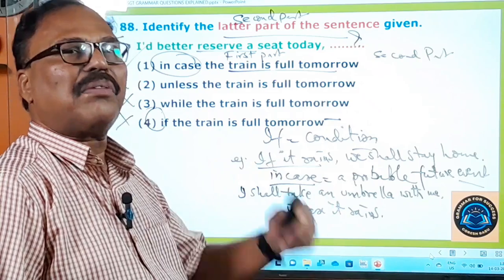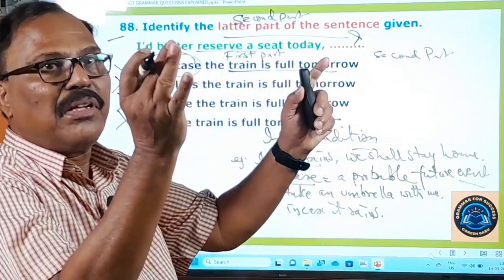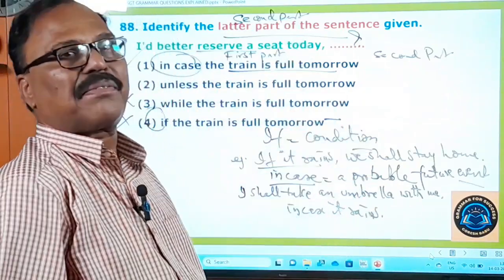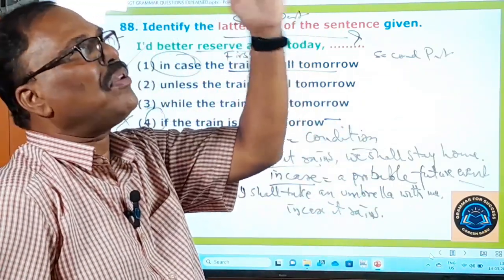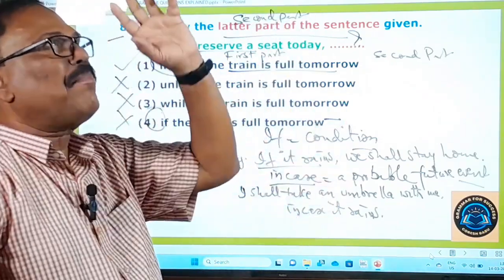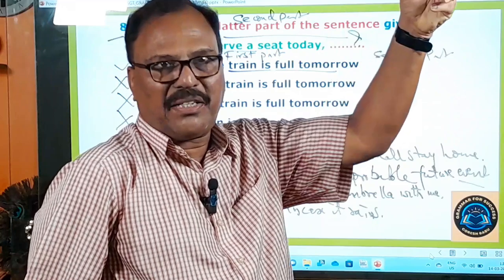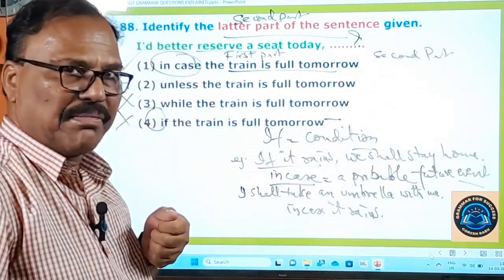It's a probable or possible future event. It's likely to rain. So in case it rains, it's a probable future event. It's a possible future event. So this in case indicates only that possible future event. That's why I'm carrying an umbrella with me.